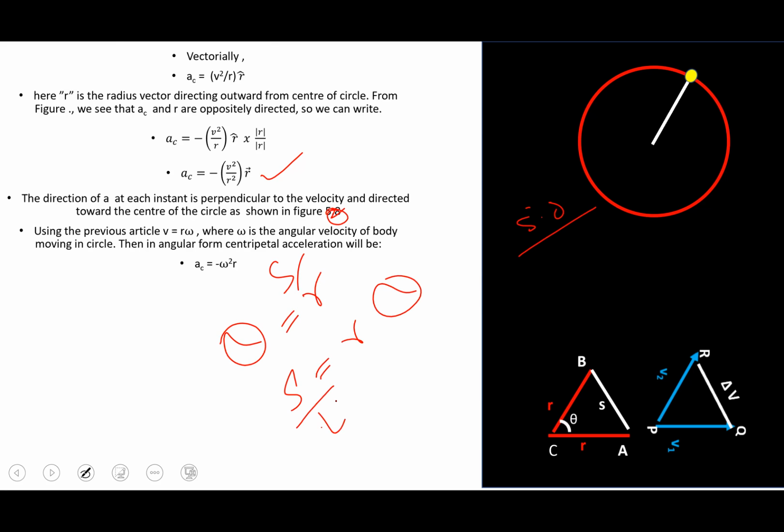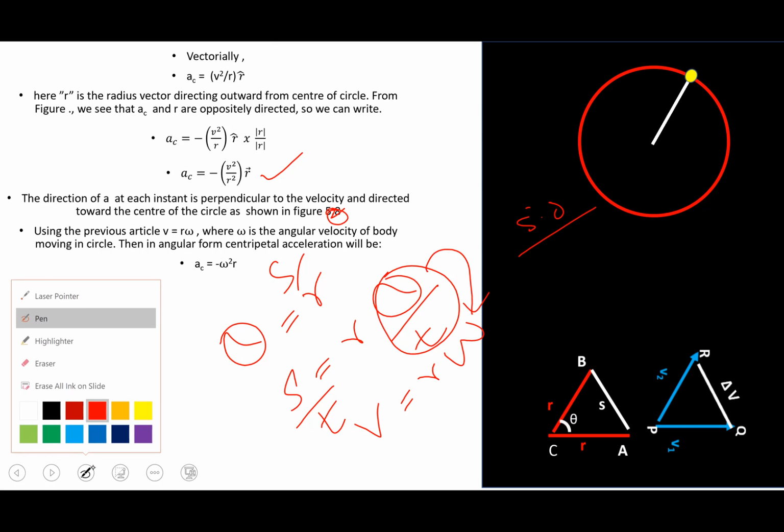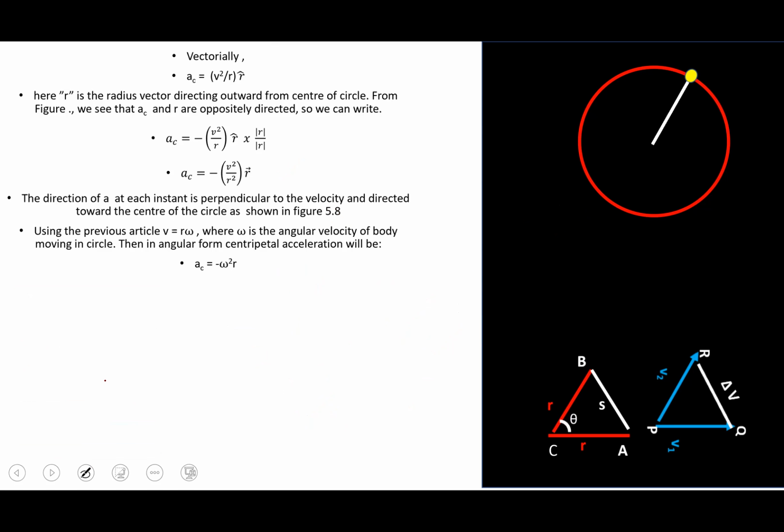If we divide by t on both sides, we get velocity on one side and omega on the other side. That means the rate of change of angular displacement is known as angular velocity, which is omega. From that point of view, the previous article said that v is equal to r omega, where omega is the angular velocity of the body moving in the circle.